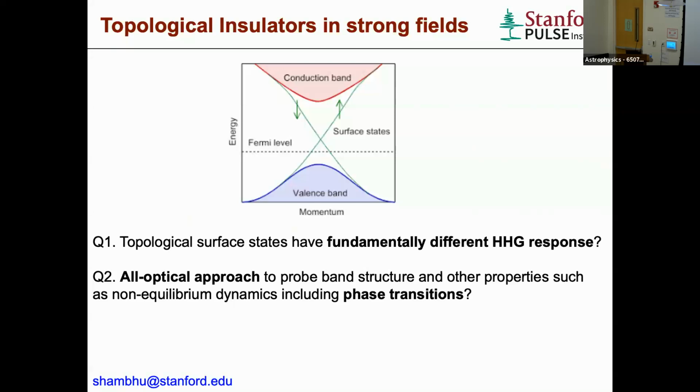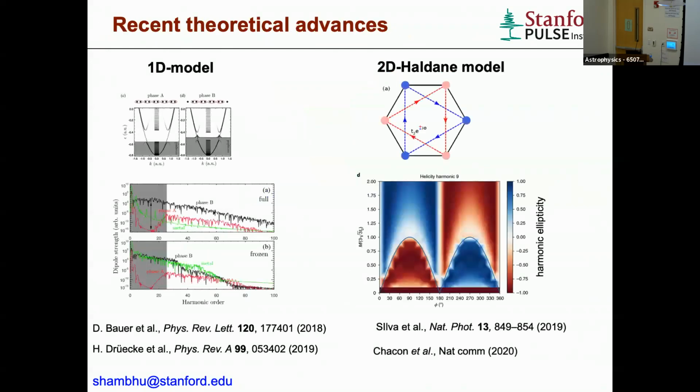The bulk has the band gap, but the surface has this interesting Dirac-like bands without dispersion, and we're interested to see if there is a fundamentally new way this band could respond to the strong field, and if so, maybe there is a new way to do spectroscopy on these topological materials.